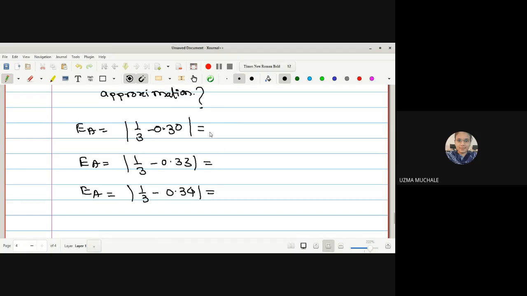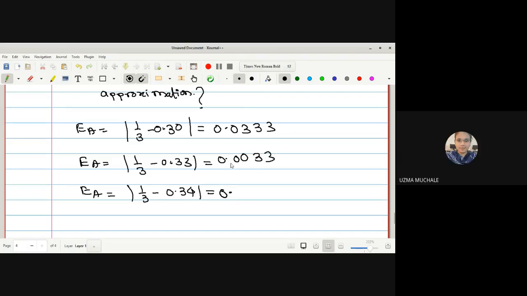What is the absolute error in the first one? Ma'am, it's 0.033. Okay, what about the next? 0.0033.